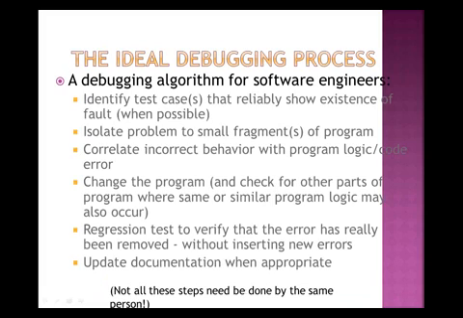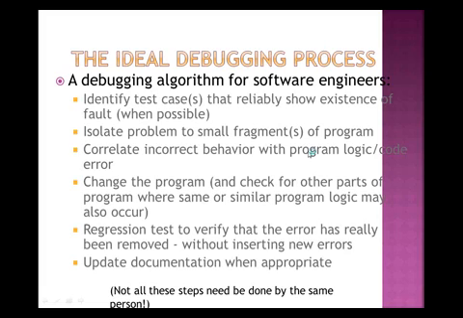Then we have studied what debugging is. Debugging is a process in which we can find the bugs, so that the system can use the resources for software engineering. That is the ideal of the debugging process. This is a debugging algorithm for software engineering.